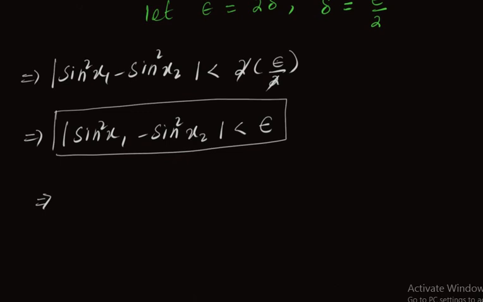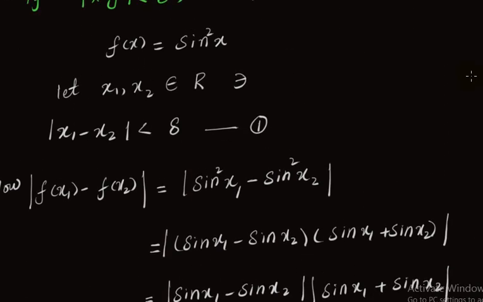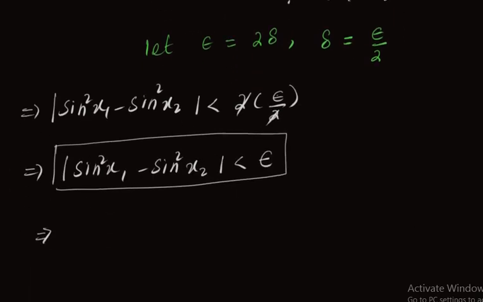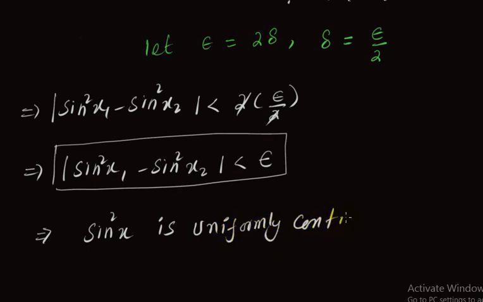As x1 and x2 are arbitrary points, or any two real numbers, this result holds for all real numbers x1 and x2, which implies sine square x is uniformly continuous on R.